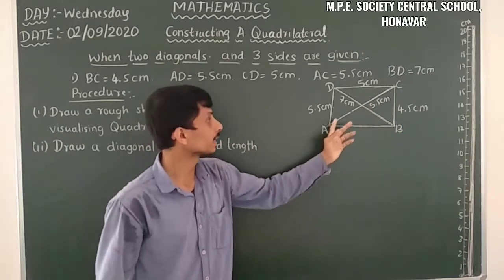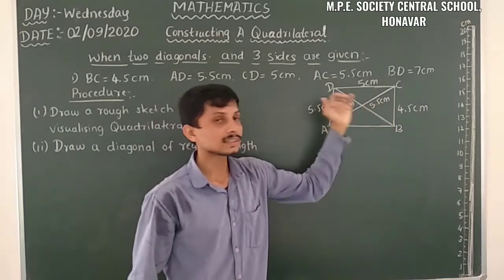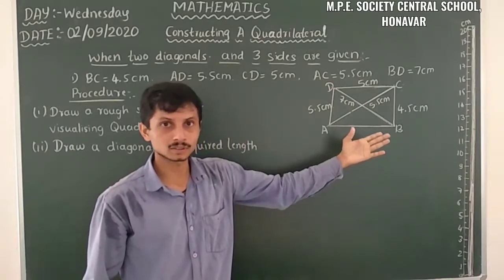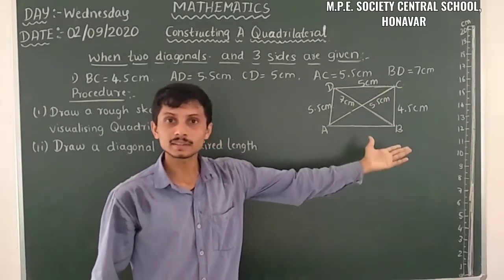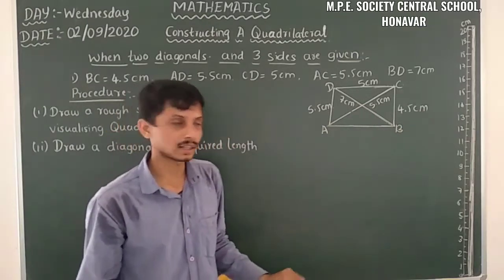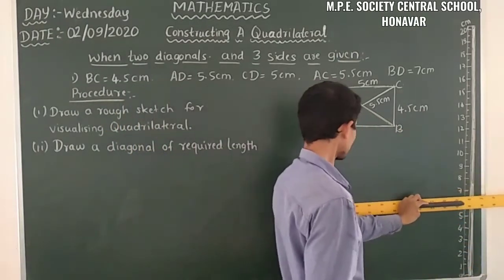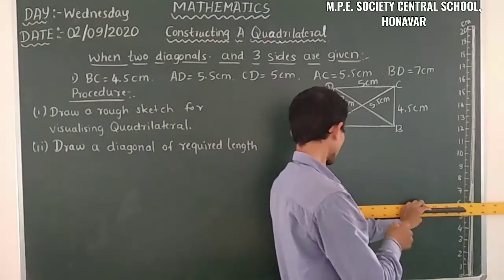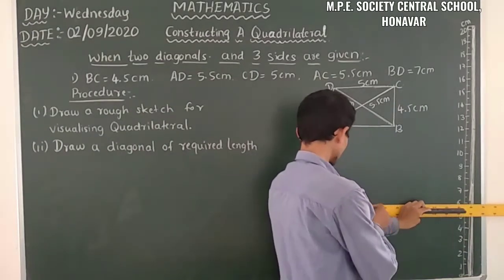I will select AC, which is 5.5 centimeters, so I am taking that diagonal here. You can select the other diagonal also. Here I will take the diagonal AC having 5.5 centimeters of length.